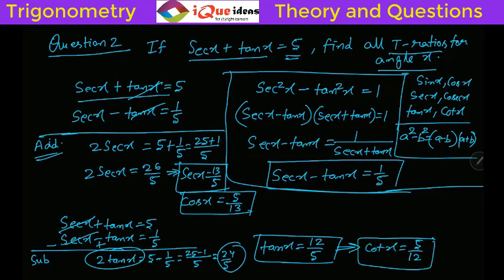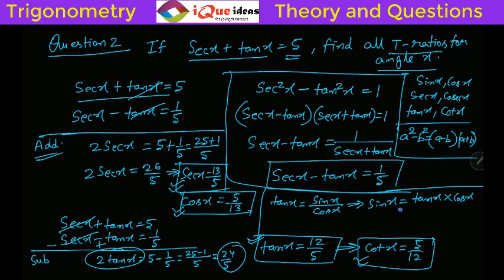Okay. So what all do we have now? We have sec x, we have cos x, we have tan x and we have cot x. We still have to find sin x and cosec x. Let's do one thing. We know that tan x is equal to sin x upon cos x. From there you can see that sin x actually is equal to, by cross multiplication, tan x into cos x.